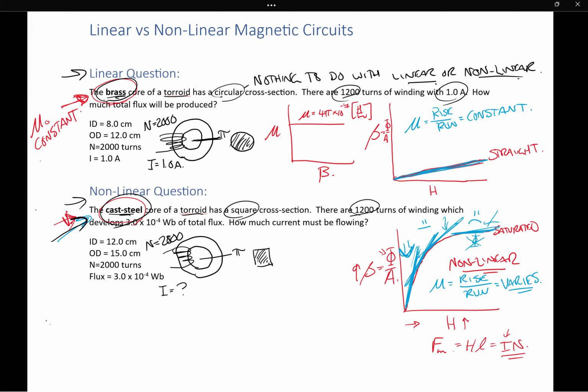And in this one, I want to find out what is the total flux created. And in this one, I want to know the total current given that it has this much flux.